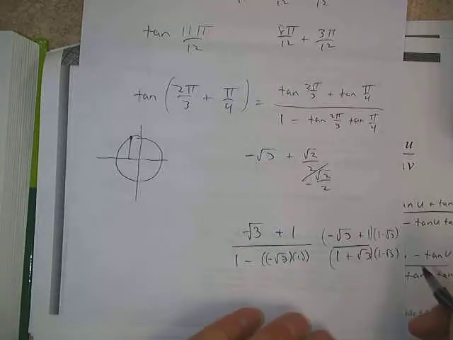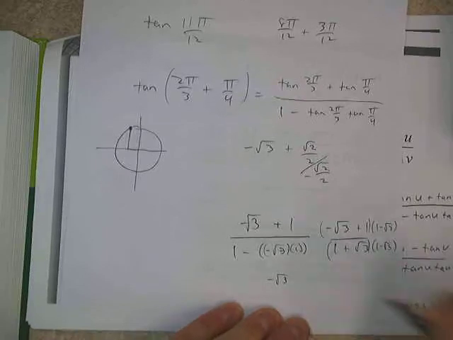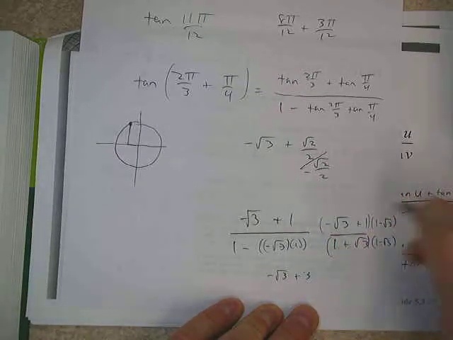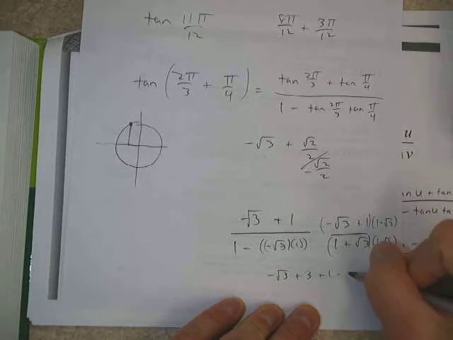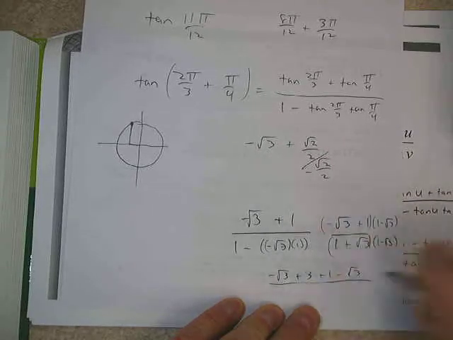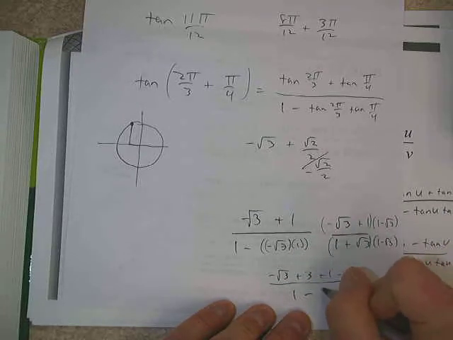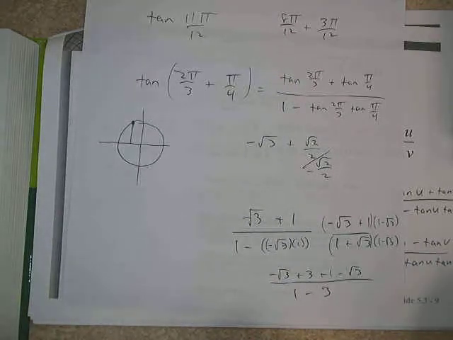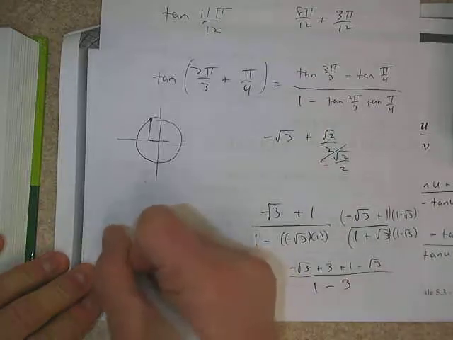However, we don't generally leave radicals on the bottom with numerical answers, so we would want to use the technique that we learned earlier, which is to multiply by the conjugate to get rid of that radical on the bottom. The conjugate of 1 plus radical 3 is 1 minus radical 3. Let's distribute on the top. We'd get negative radical 3, plus 3, plus 1, and minus radical 3.